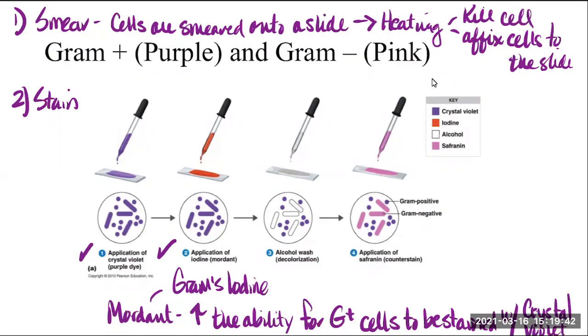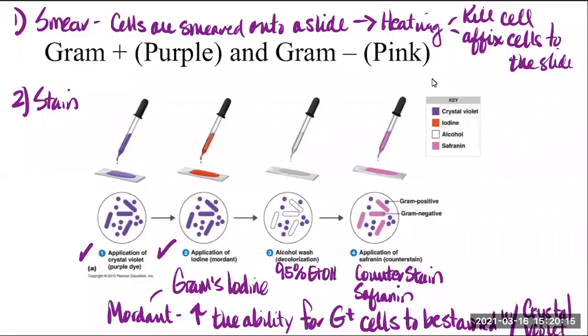Then there is the decolorization step, where 95% ethanol is used to pretty much decolorize the Gram-negative cells, because the mordant didn't work on them because of that outer membrane. And then you do the counterstain, which is safranin, and it actually stains both cells pink.